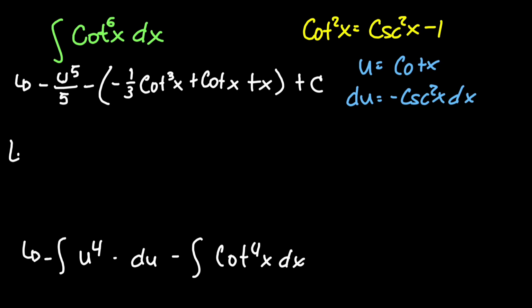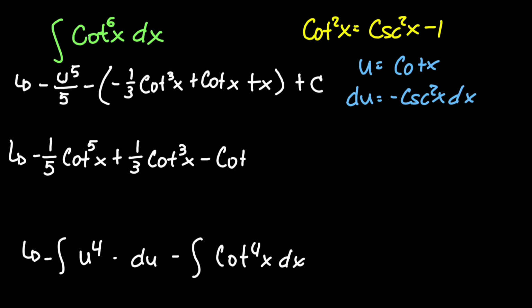And so the final answer here would be equal to negative 1 over 5 of cotangent to the power of 5 of x plus 1/3 cotangent to the power of 3 of x minus cotangent of x plus the constant of integration.